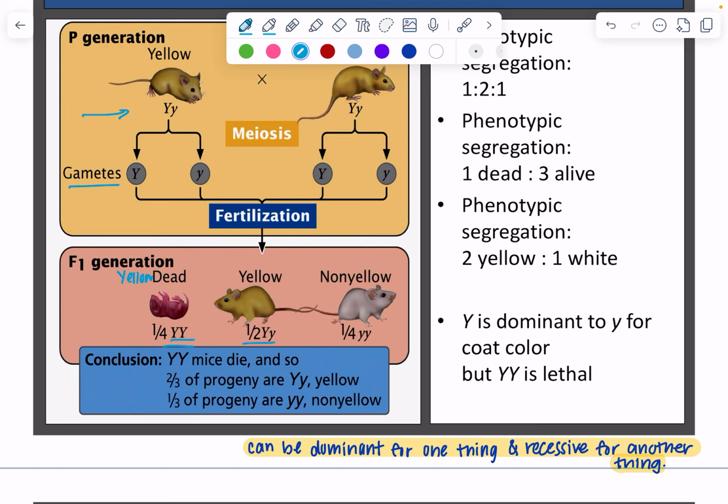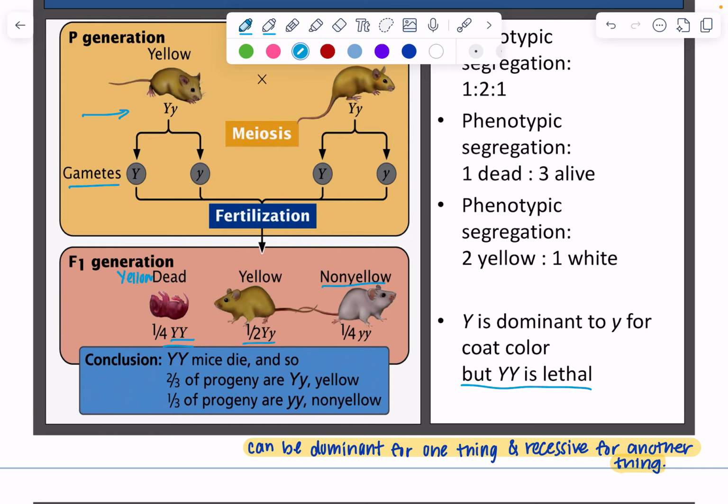And it must be a dominant thing, because if yellow's dominant and these are non-dominant, then you're getting a ratio. A gene can be dominant for one thing and recessive for another. So you're getting a dominant in color, but recessive in lethality. I hope that makes sense. Y is dominant to y for coat color, but YY is lethal.